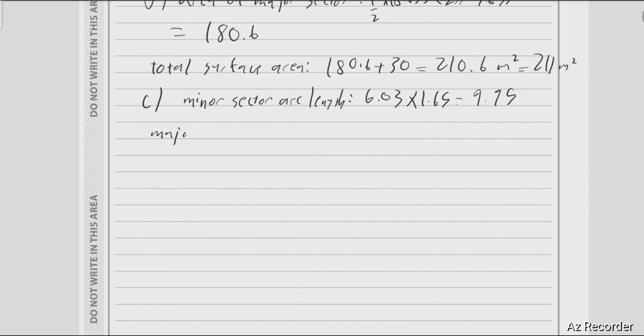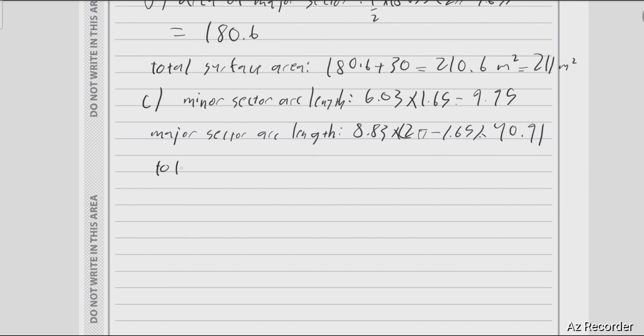The major sector arc length is 8.83 times (2 pi minus 1.65). It's 40.91.